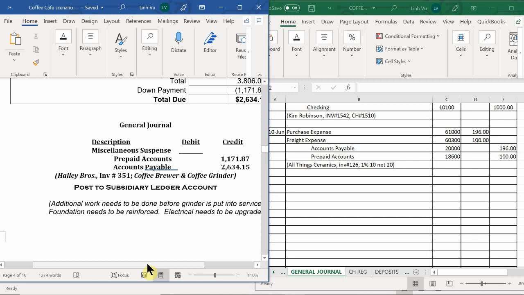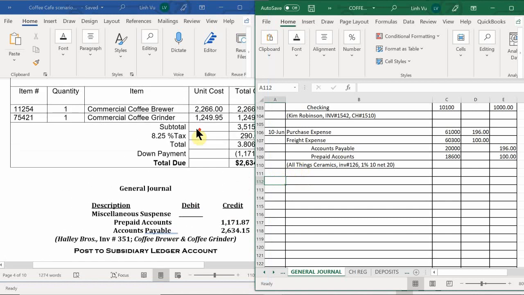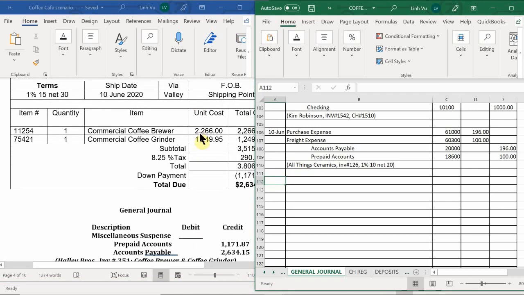So miscellaneous expense, we have to generalize that. And we pay 1,131, a down payment, prepaid account. So first thing that we're going to do is miscellaneous expense, account number 19990.